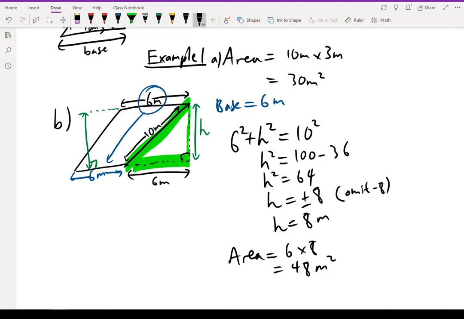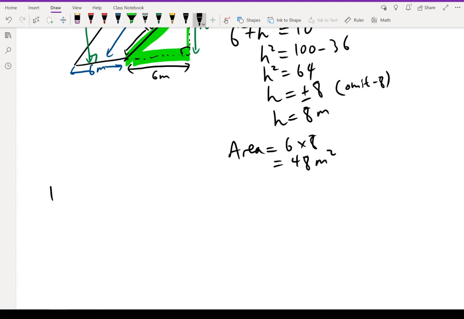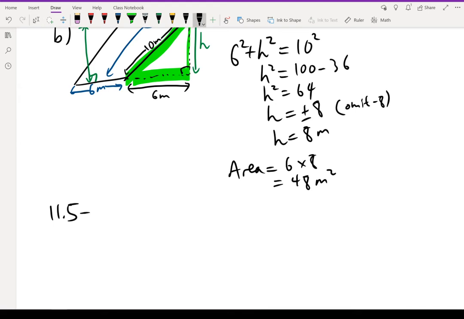So in this case, this parallelogram's area was a little bit more difficult to find because we have to first find h using Pythagoras theorem. Okay, so that's parallelograms. Moving on to 11.5. 11.5 is areas of triangle and trapezoid.